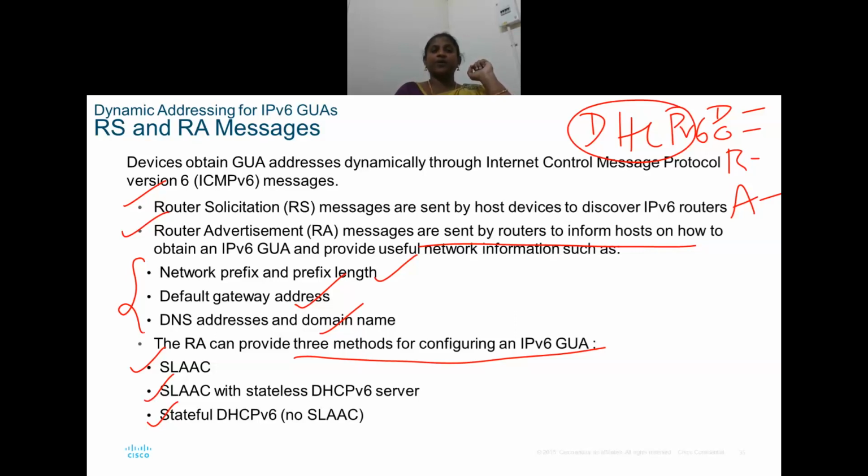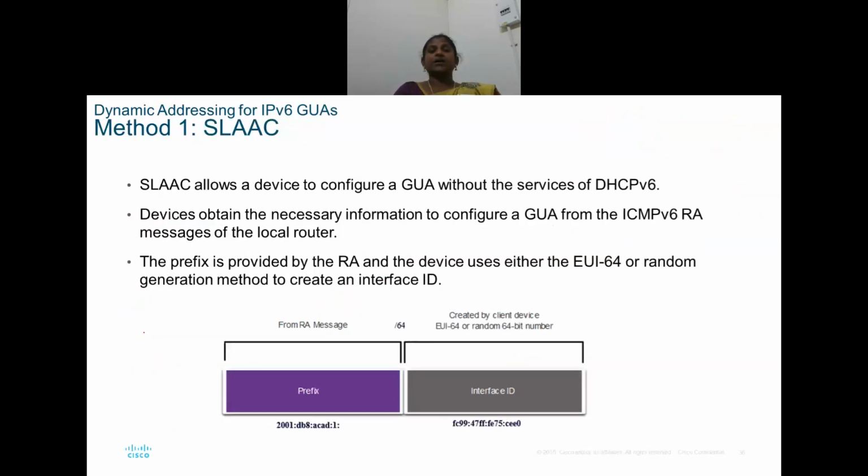Now we will go to the process of the IP assignment. Number one is SLAAC. How do I get the information using SLAAC? With SLAAC, the device automatically generates an address without the service of DHCP version 6, so the DHCP protocol does not come into the picture here.